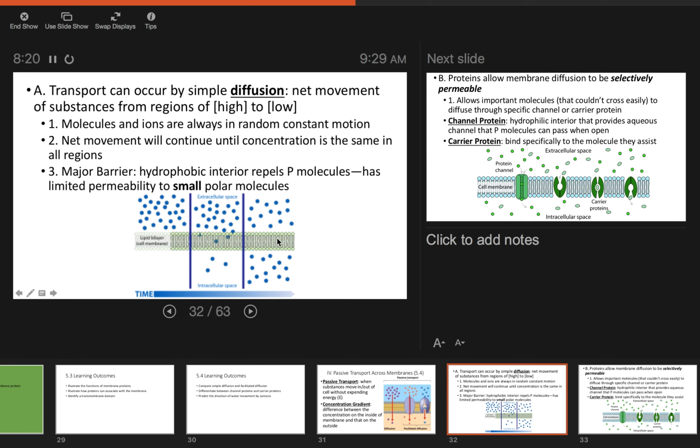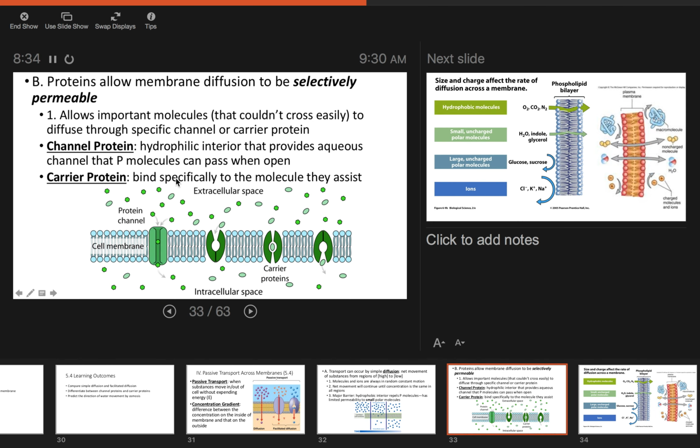Now, this major barrier limits what molecules can cross, and so we call it limited permeability or selective permeability. So I'll talk a little bit about which molecules can cross the plasma membrane. But protein channels, okay, channels and carriers allow the membrane diffusion to be selectively permeable because these channels and carriers can be specific.